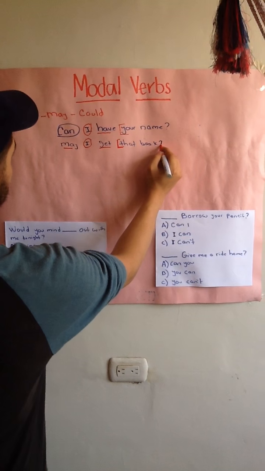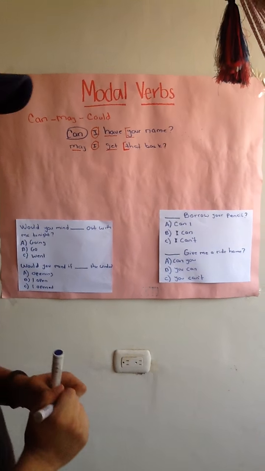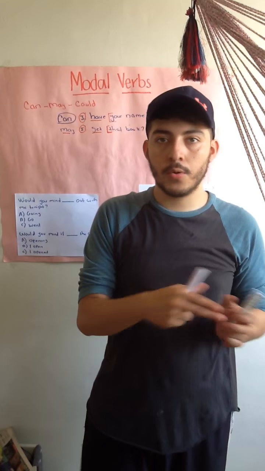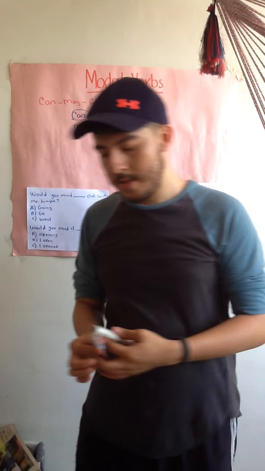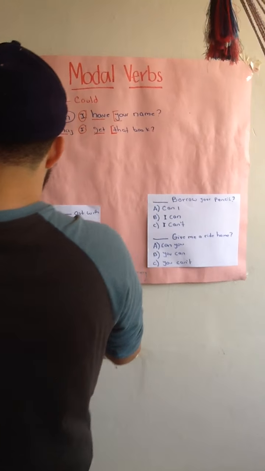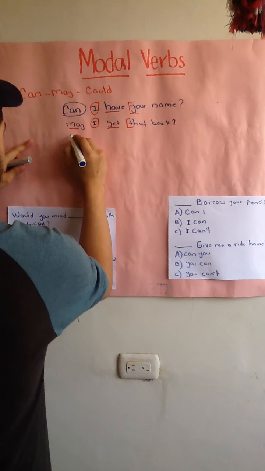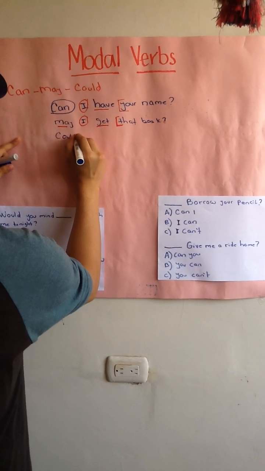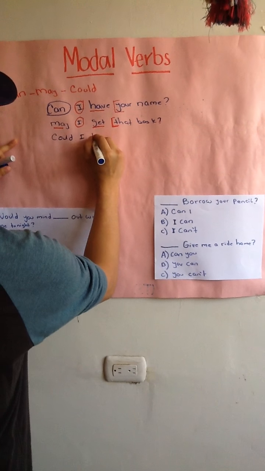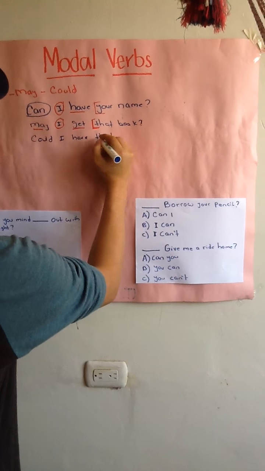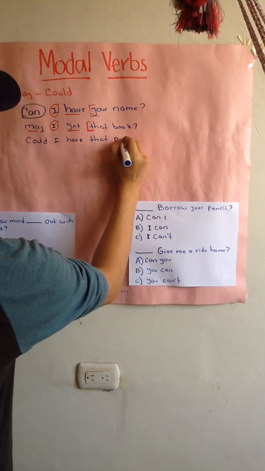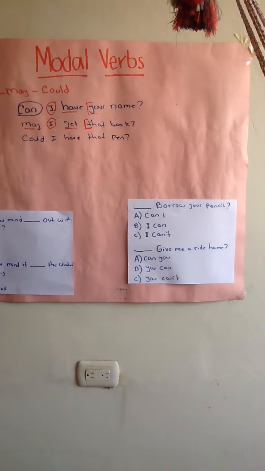Then we can complete the question. Now we can use could. The only difference between those modal verbs and could is that could is the most polite way to make a request. Could I have that pen?